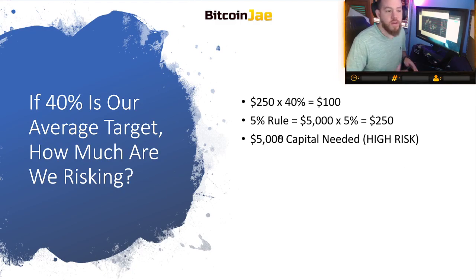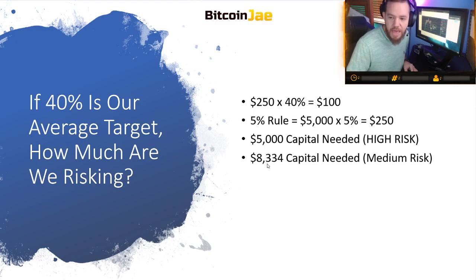So now if we want to be a little bit more conservative, we still want to be kind of risky, but we're still trying to be conservative. How much money do we need in order to keep hitting these numbers, right? So $8,334 capital is what would be needed as a medium risk. So that would be risking 3% of your capital per trade.